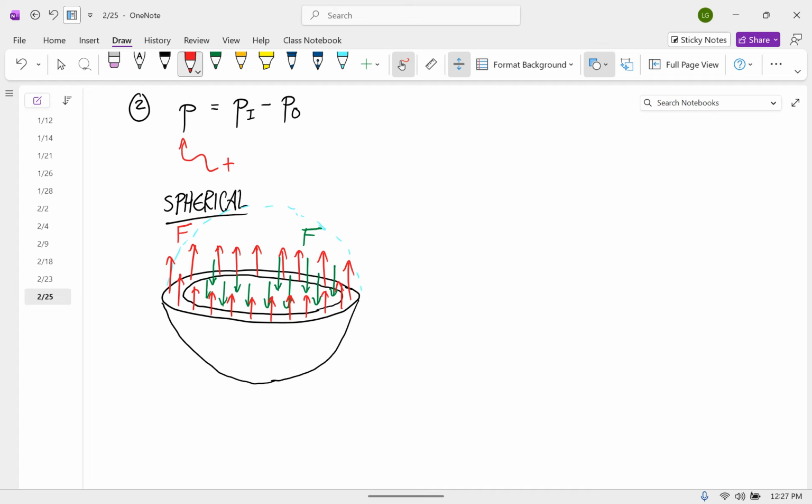The pressure only acts like that. There's pressure on the inside that's going towards the walls, but that's internal to our free body diagram. So the only thing external to our free body diagram supplied by the pressure is acting straight down on that surface.